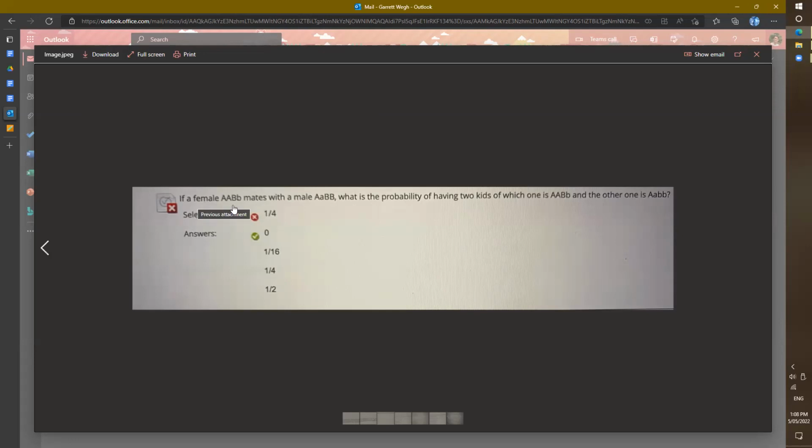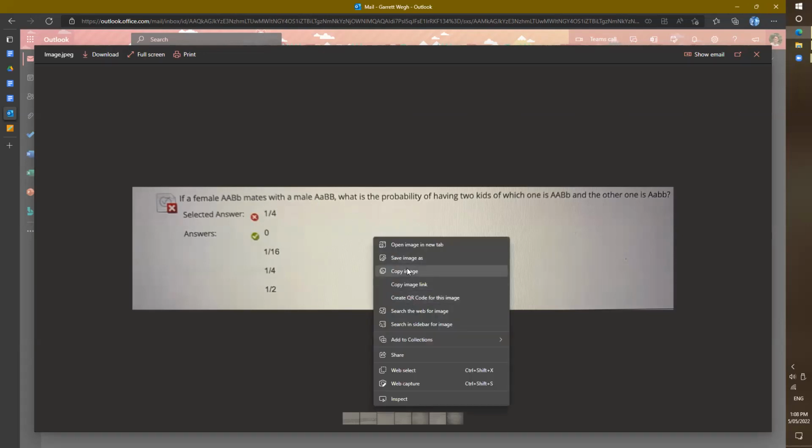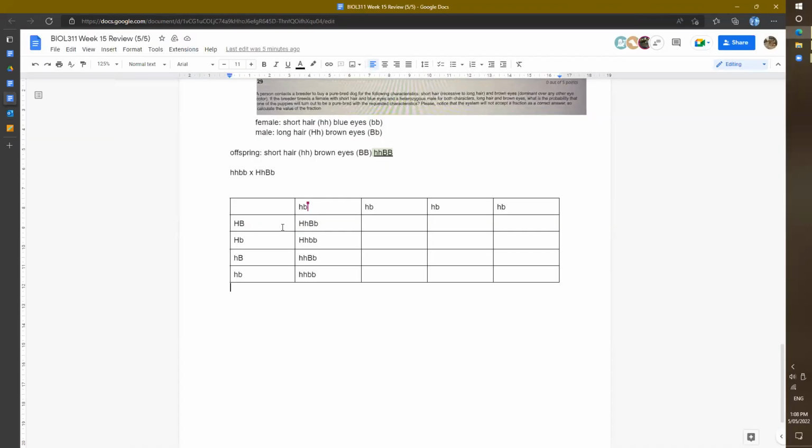So if a female AaBB mates with a male AaBb, and I realize that saying that out loud does not help, what is the probability of having 2 kids, of which one is AABB and the other is AaBb? Let's investigate.